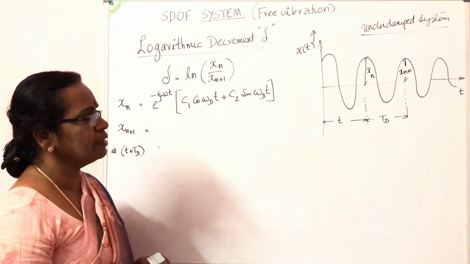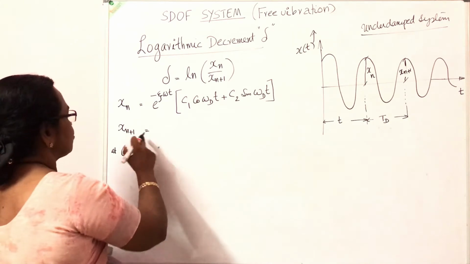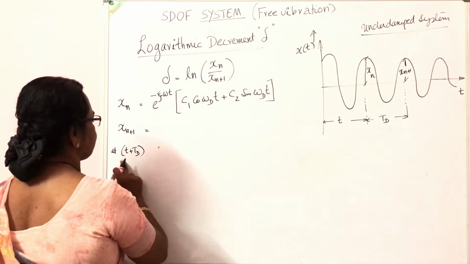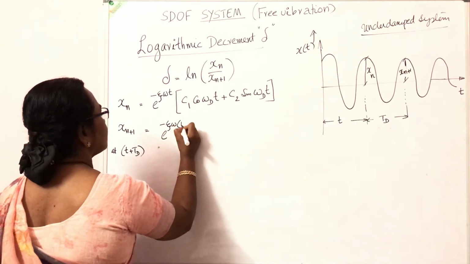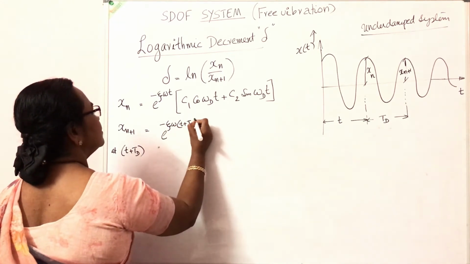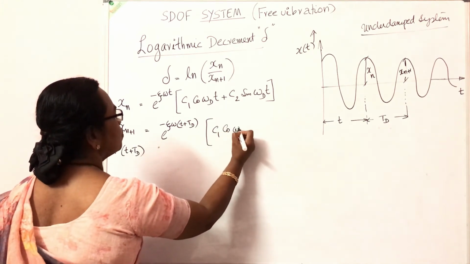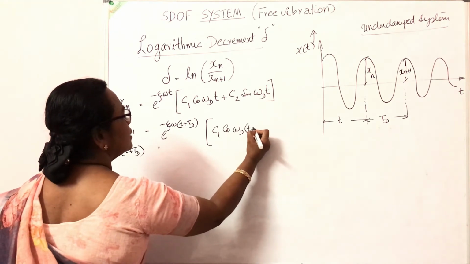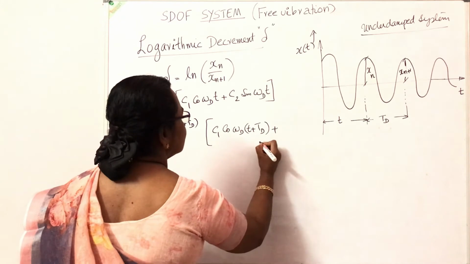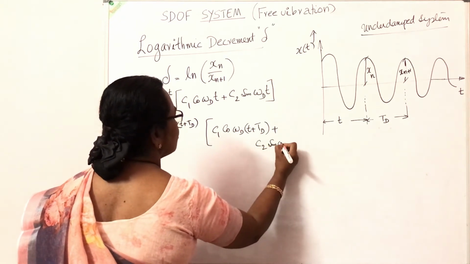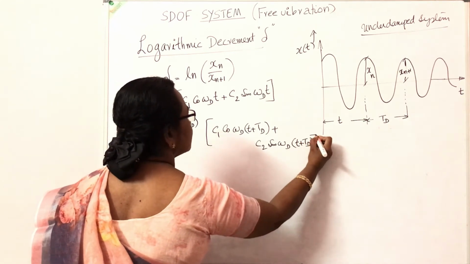When the time is t plus t d, the amplitude at that time is called x n plus 1. So in x n plus 1, in place of t you substitute t plus t d: e raised to minus psi omega (t plus t d) into c1 cos omega d (t plus t d) plus c2 sin omega d (t plus t d).